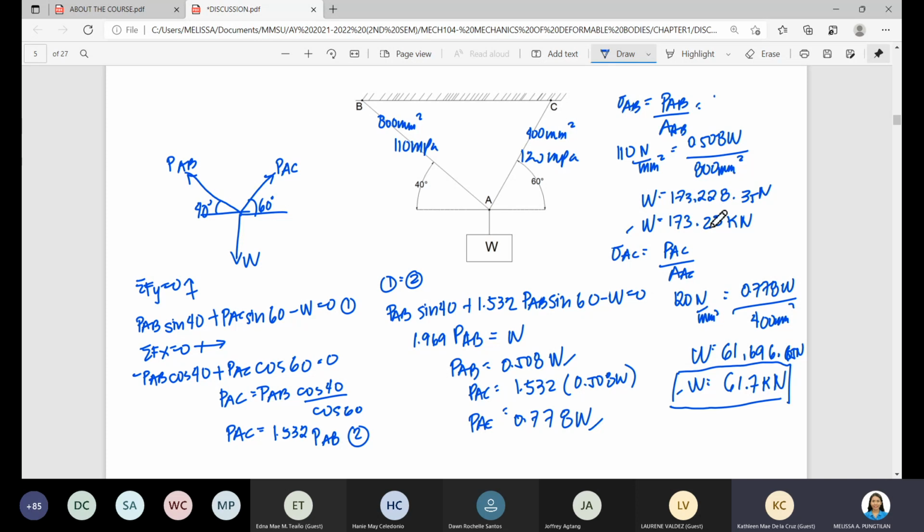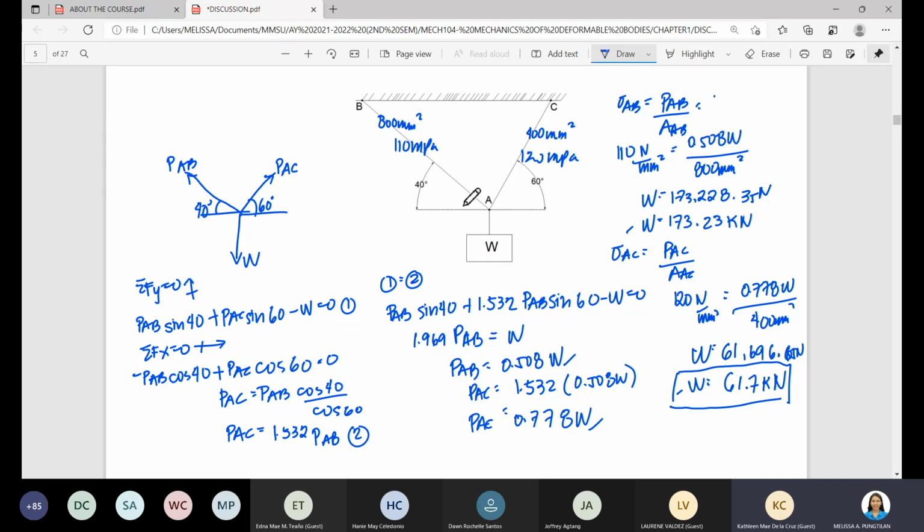Kaya hindi mo pwedeng i-load yung 173.23 kilonewton kasi mag-fail nga po si member AC. So, the safest value of W or the safest value of weight pwede ilan is 61.7 kilonewton. Kayang-kaya siyang buhatin ni member AC as well as ng ating member AB without any deformation.